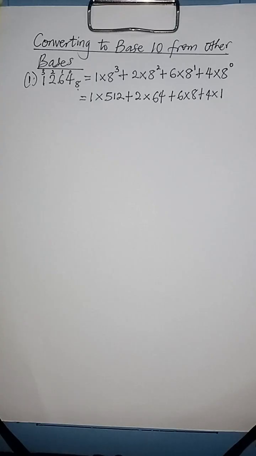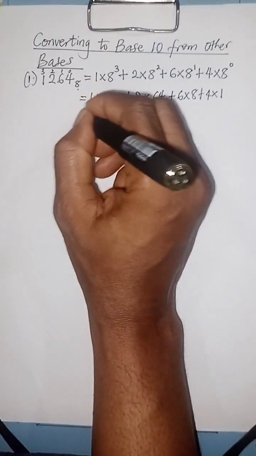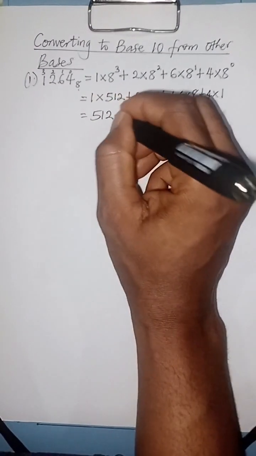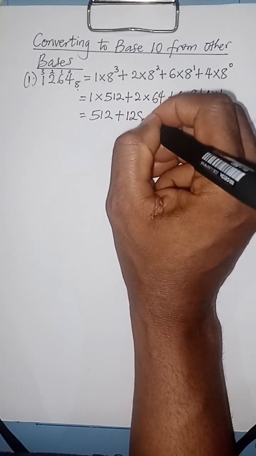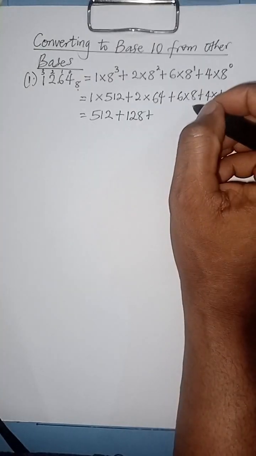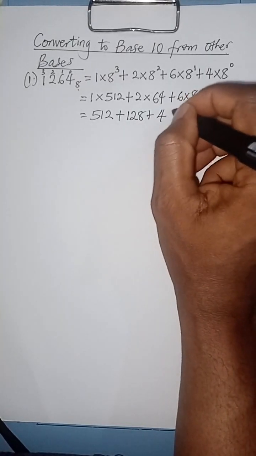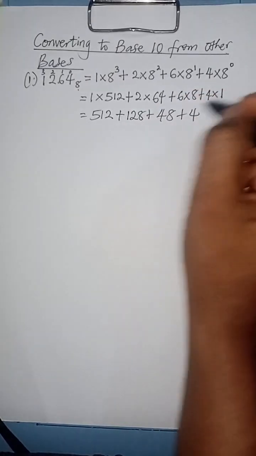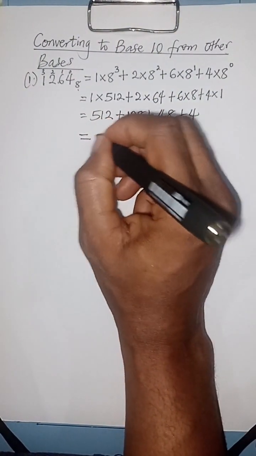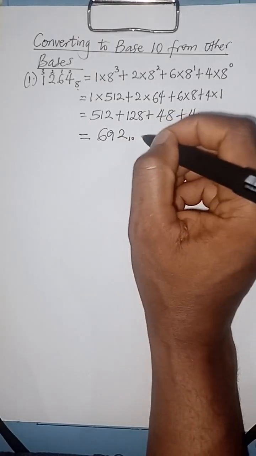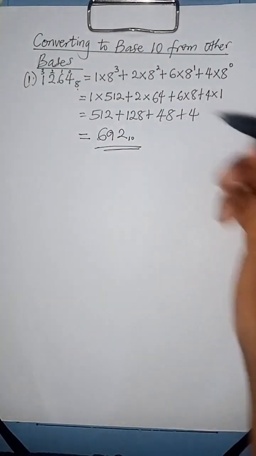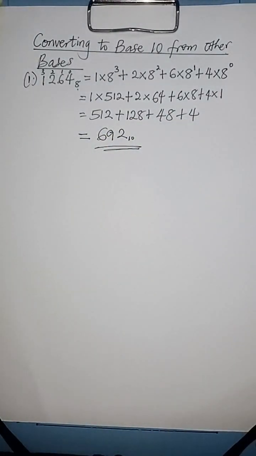Remember from indices. So this will give you 512, 2 multiply 64 is 128, 6 times 8, that's 48, plus 4. If you add all of them together, you have 692 in base 10. You may choose not to write it 10 if you don't want to, but it's in base 10 now.